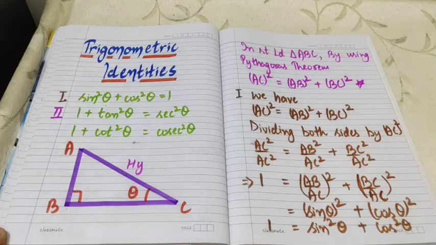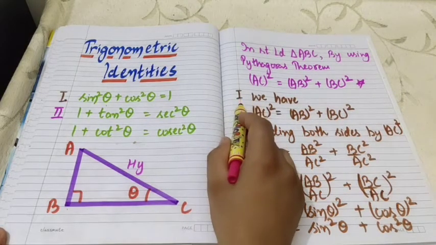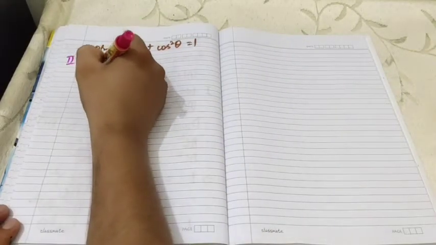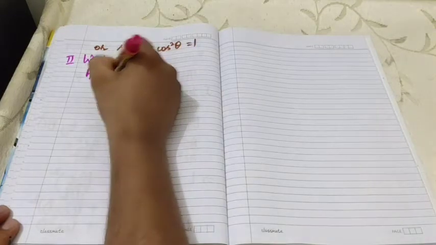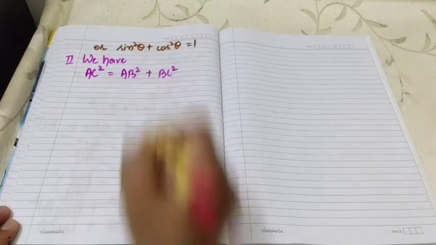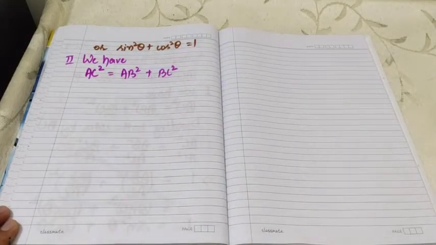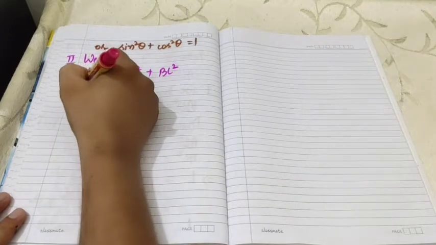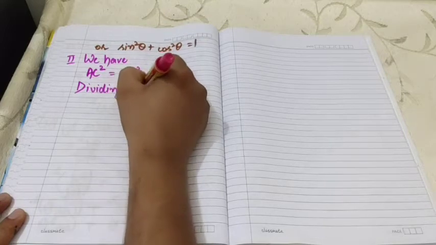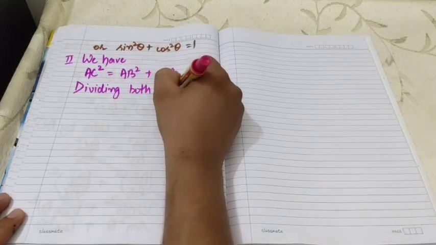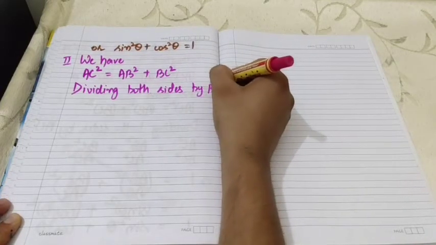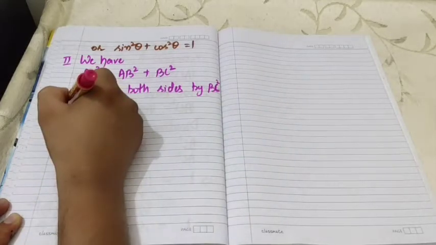So let us start in a similar way as we did in the first derivation. We start with the equation that we get from the Pythagoras theorem, that is AC square equals AB square plus BC square. Now by dividing both sides by BC square, so what do we get?